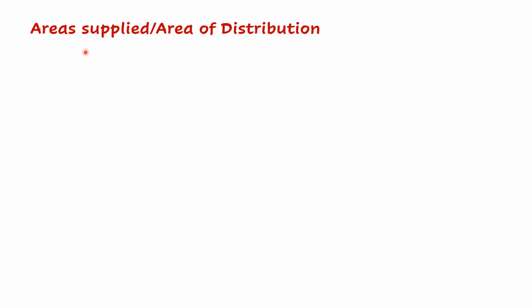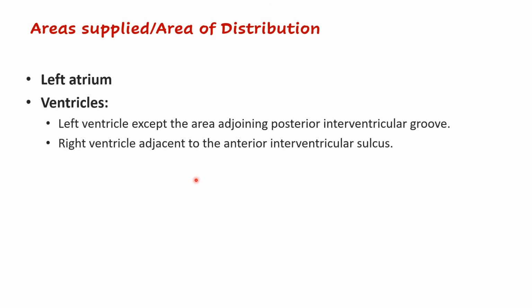Now the area supplied by the left coronary artery, or the area of distribution of the left coronary artery, let us see. First is the left atrium, so most of the left atrium, then the ventricles. Whole of the left ventricle except the area adjoining the posterior interventricular groove, where the posterior interventricular artery is running, and most of the time that artery is a branch of the right coronary artery.